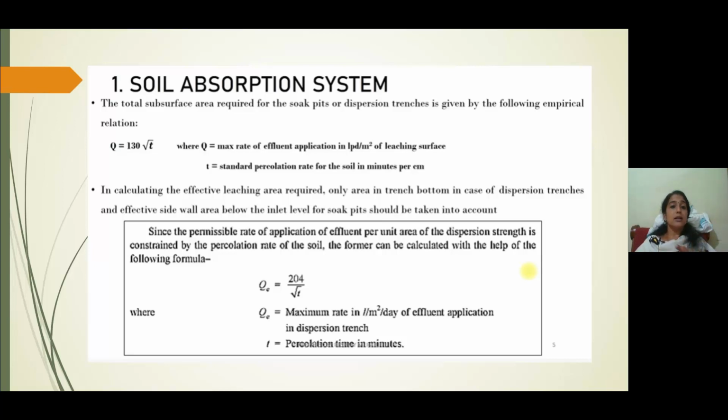Then the total subsurface area required for the soak pits or dispersion trenches is given by the following empirical relation. That is Q is equal to 130 root T, where Q is the maximum rate of effluent application in LPD, that is liters per day per meter square of leaching surface, and T is the standard percolation rate of the soil in minutes per centimeter.